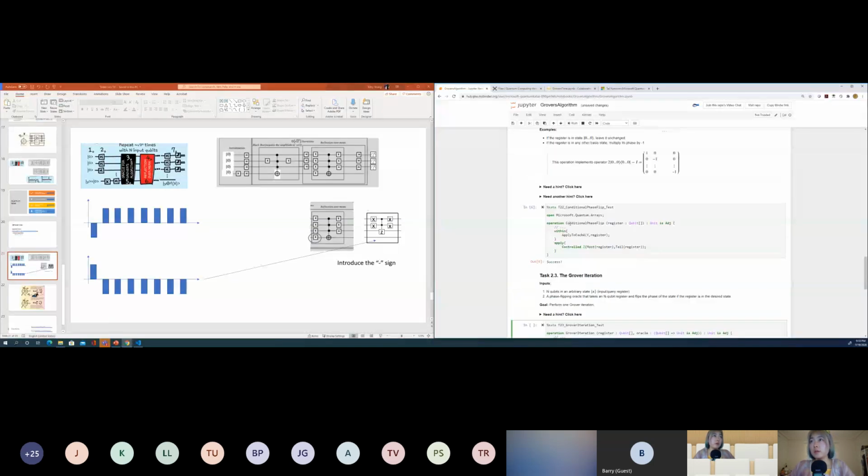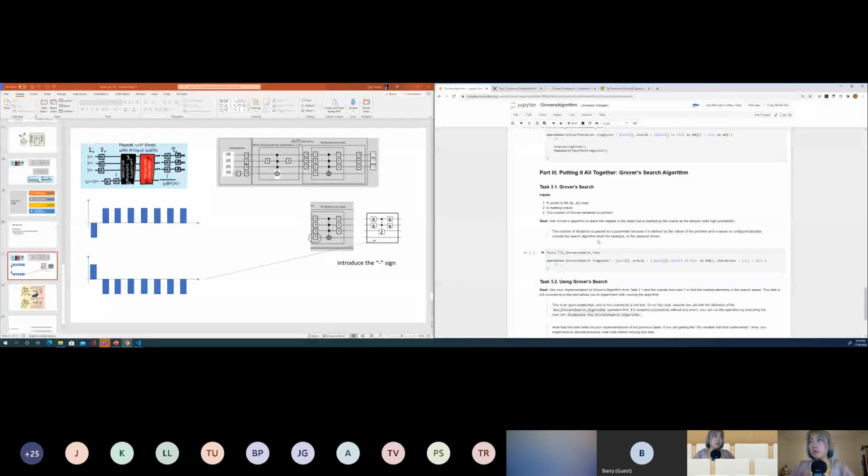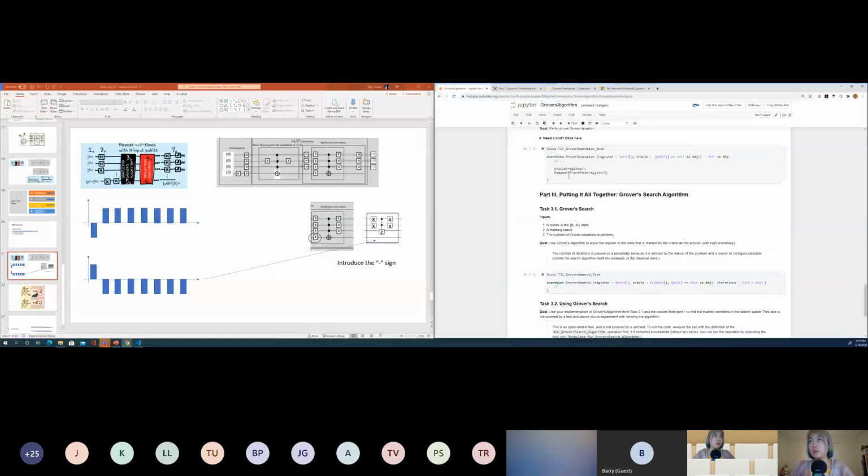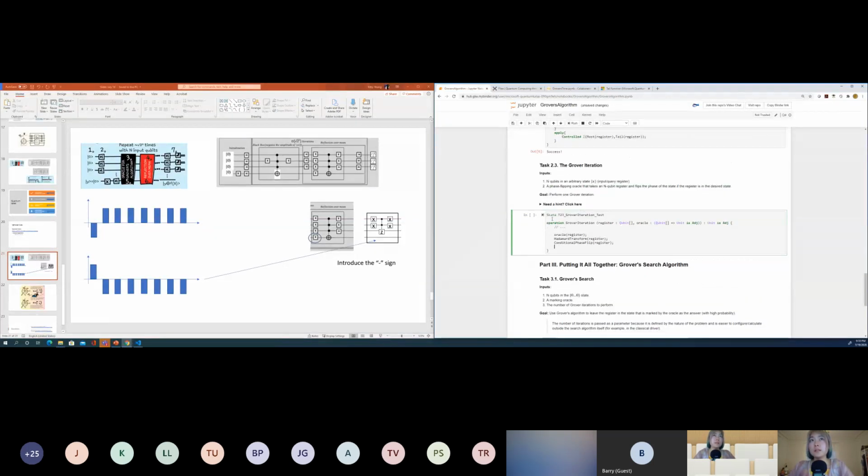Then we have the conditional phase flip. The last step is the rest of the Hadamard gate. So we do this again.